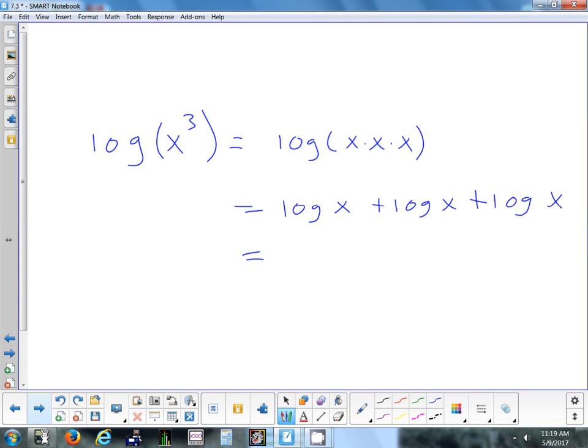No, that'd be if it was multiplied. This is added. So think, what operation do you do when you do repeated addition? What operation is that? Dave? I don't know what the operation is, but I know the answer to that.